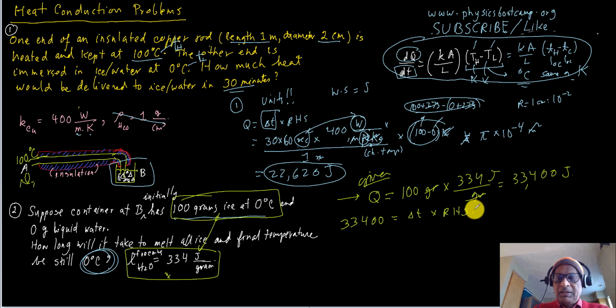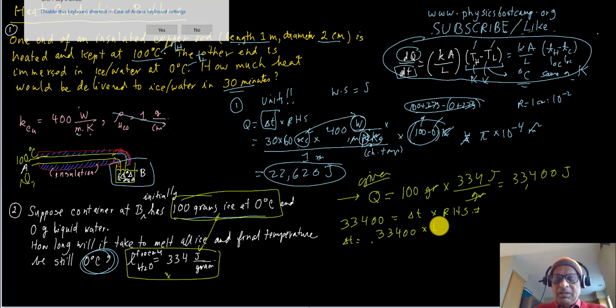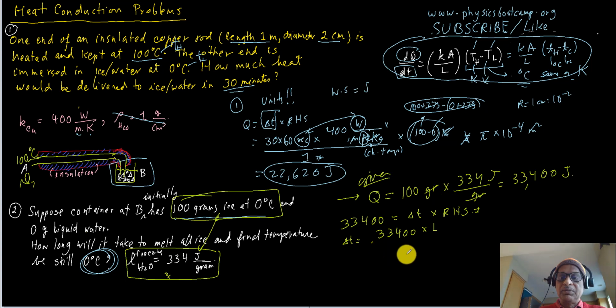So this gives me delta T equals 33,400 times L times L times Ka, TH minus TL.